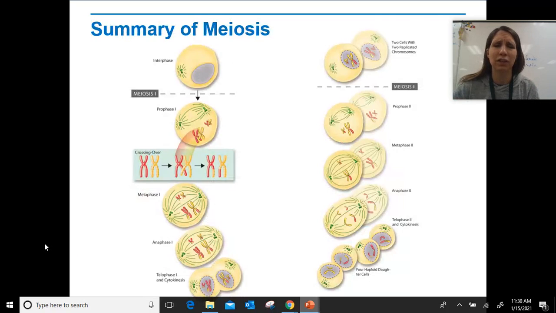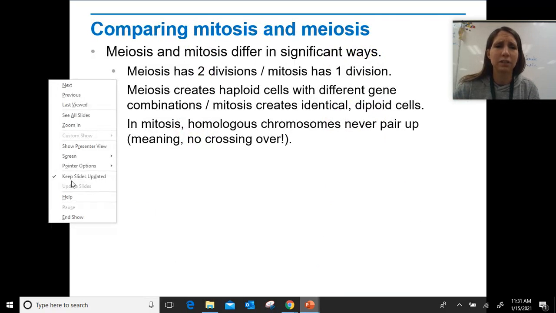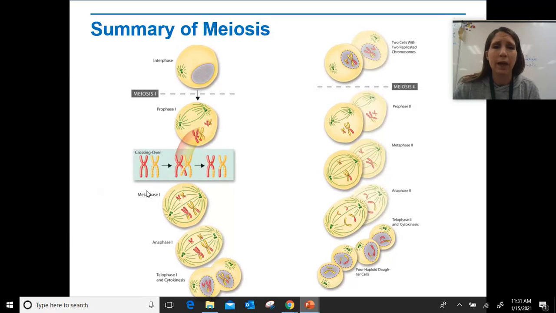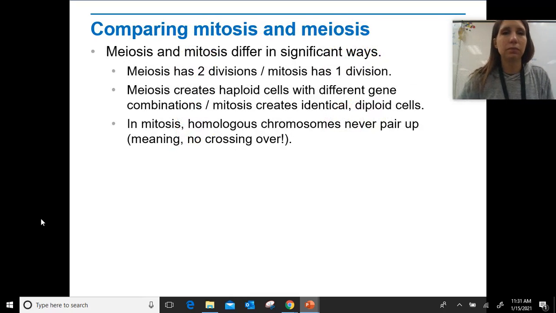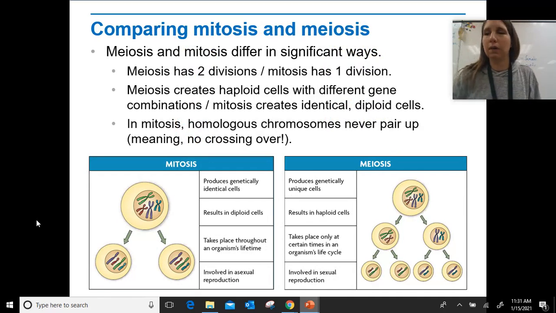So again, that crossing over process happens specifically in prophase 1. And we can see that, by the way, happening right here. So see how their legs are kind of flipped over on top of one another. And as a result of that, we've exchanged. So we have a little bit of yellow here on this red chromosome, and we have a little bit of red here on this yellow chromosome. All right. So that would be different.